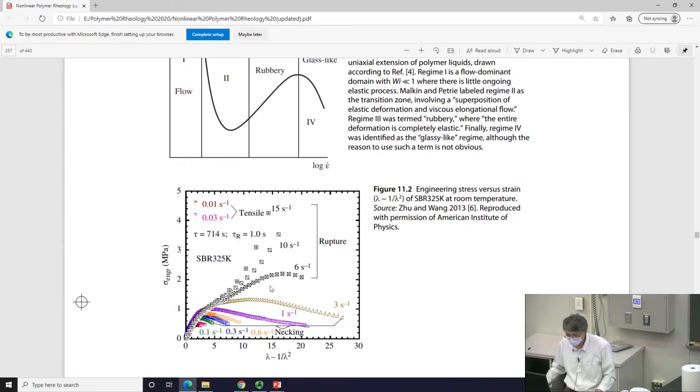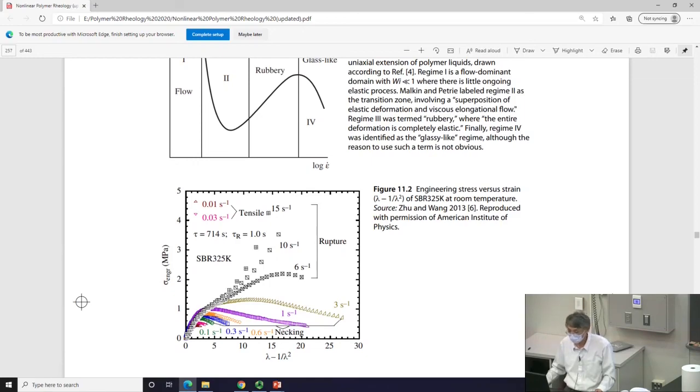But as you reduce the stretching rate to a lower value, you find your samples start to break at earlier and earlier lambda, smaller and smaller lambda. As much as you can see, it's only lambda of 3 or 2 when it breaks. Okay? So this is all quite mysterious.